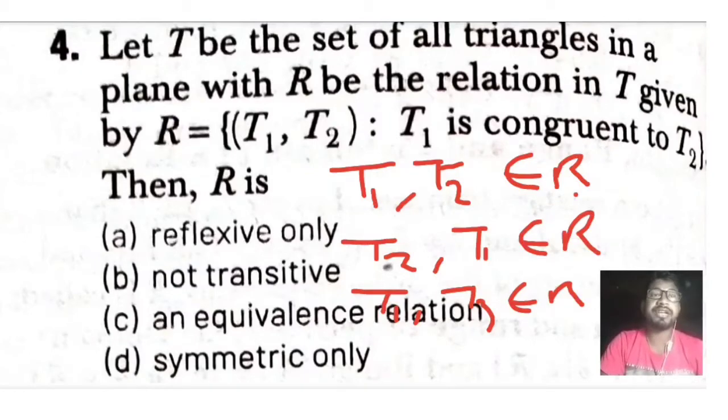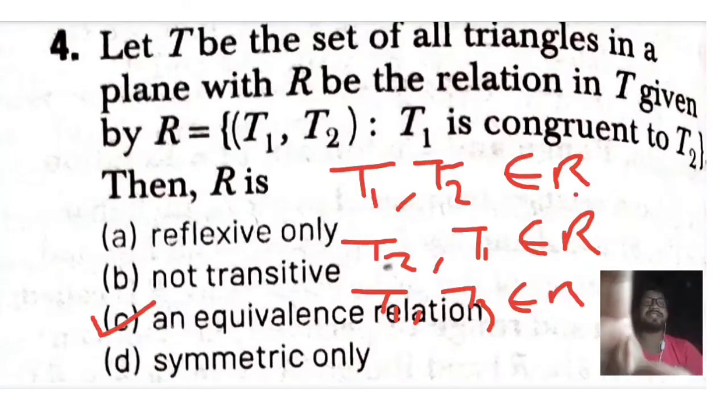If a relation is reflexive, symmetric and transitive, then it is called an equivalence relation. So option C will be the correct answer. Okay. Now go to the next question.